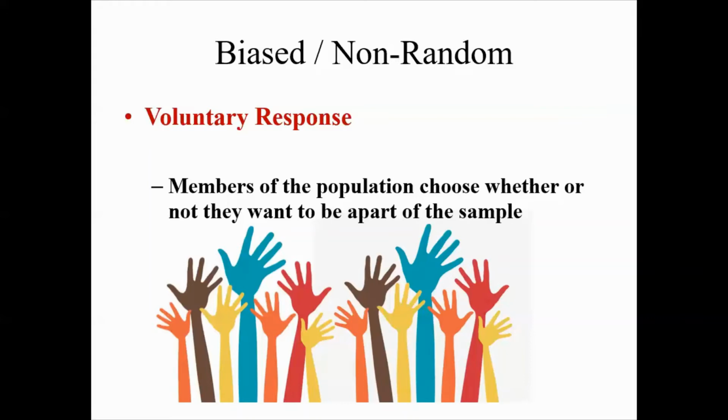Because some are automatically disqualifying themselves from becoming part of the sample group, and it's usually the ones who really want to answer. Sometimes they're getting the same kind of responses. So they might feel as if the population wants people to raise the amount of fees when the entire population doesn't believe so. Just like how we have elections from time to time, every 4 years or 5 years, right?